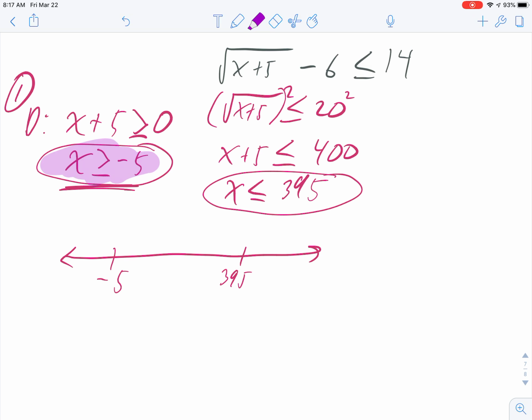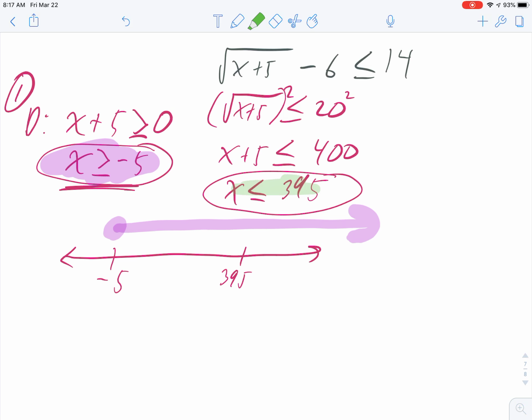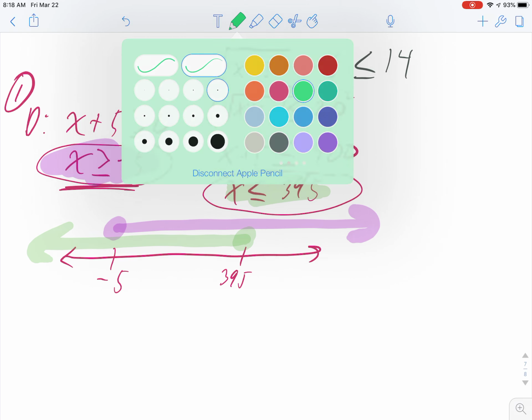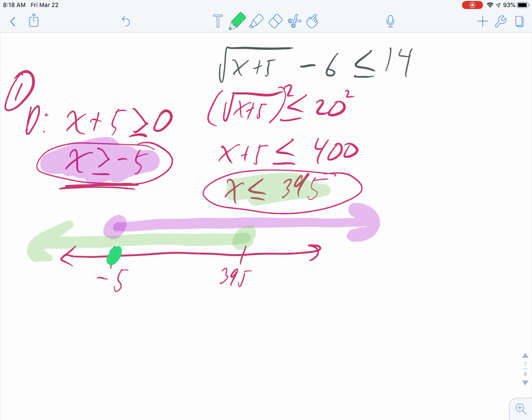The x greater than or equal to negative 5, that's negative 5 and everything to the right of it. And the less than or equal to 395, that's 395 and everything to the left of it. We're interested only in the x values that satisfy both of those things, which is the overlap. So that's all the numbers between negative 5 and 395.